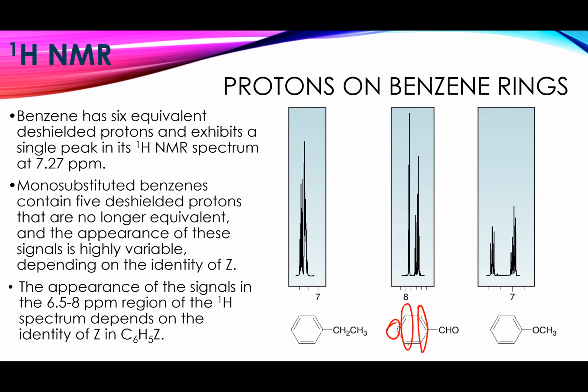These 3 protons are probably represented here, while these 2 are represented here. And now if you have a methoxy group, you actually see even more separation across the signals. But again, notice these are kind of a disaster. So monosubstituted benzene ring NMRs are often really messy, very difficult to interpret.